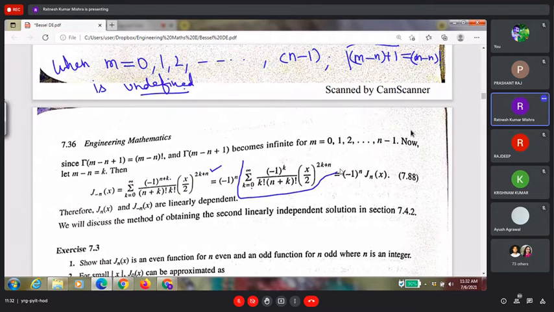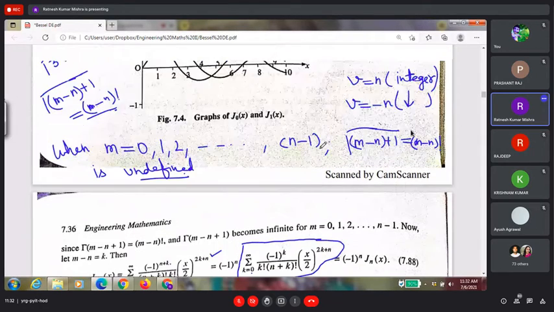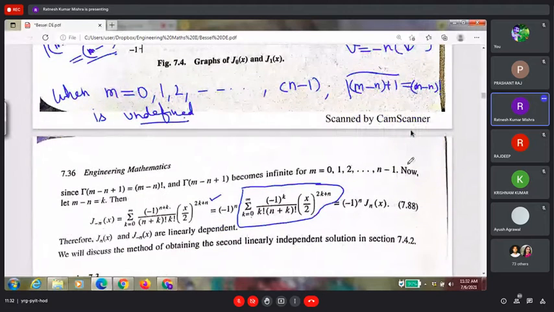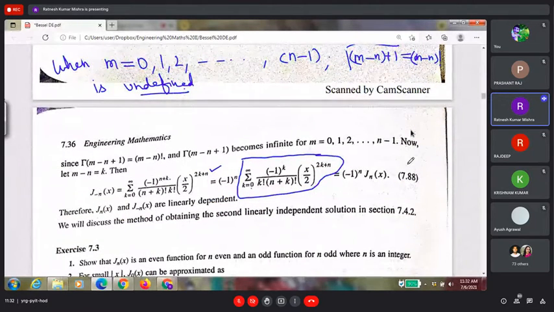And this is what? In this one, if you write v equal to n and replace m with k, so Jn(x) is the sum over k equal to 0 to infinity of minus 1 to the power k, x by 2 to the power 2k plus n, divided by factorial k plus n. So this is minus 1 to the power n Jn(x).